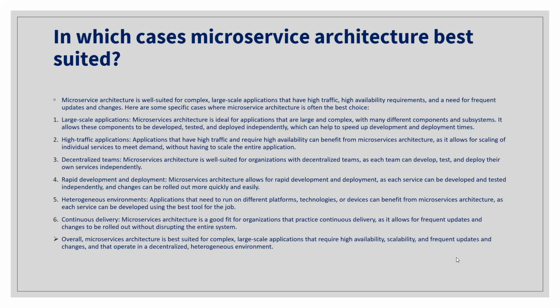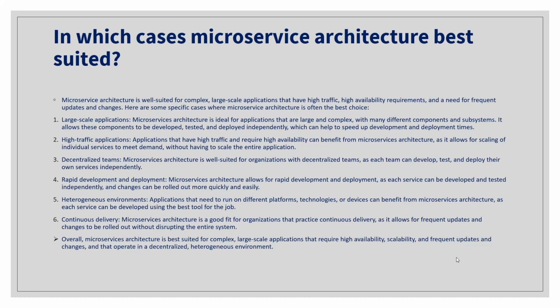Microservices architecture is well suited for complex, large-scale applications that have high traffic, high availability requirements, and a need for frequent updates and changes. Here are some of the cases where microservices architecture is often the best choice.